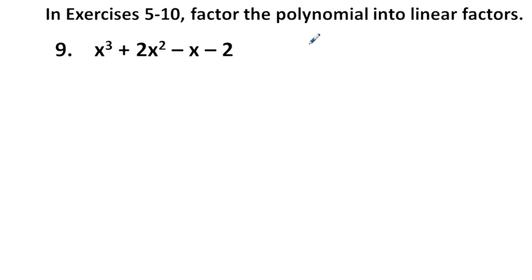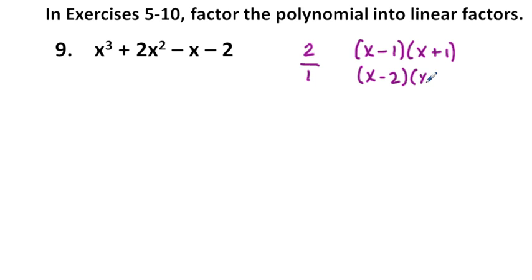You could have the negative 2, which is the last term over the coefficient of the first term. So our possible factors are going to be x minus 1, x plus 1, x minus 2, x plus 2.